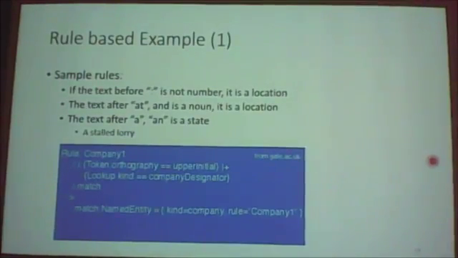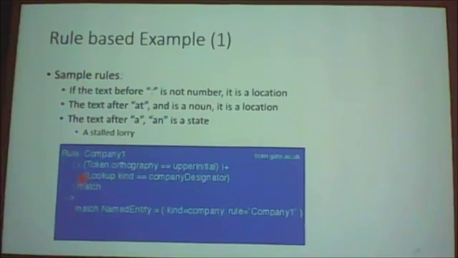Here are some examples of the rules. Now you can see what I mean by transparency. It is easy to read and understand. This one is like the pseudocode for the rules. If the text before the semicolon is not a number, then it is a location. If the text after "at" is a noun, it is a location. These are the pseudocodes, and this one is sample code for how the rule base looks.